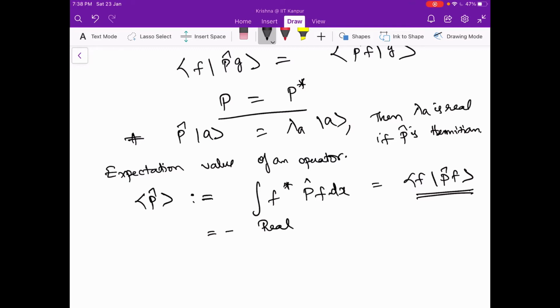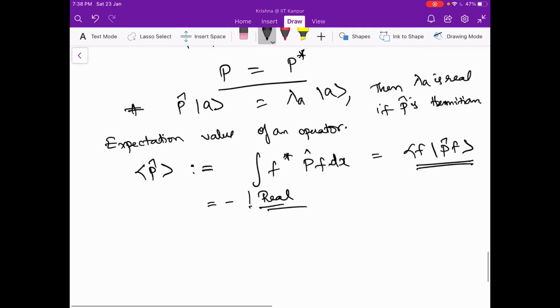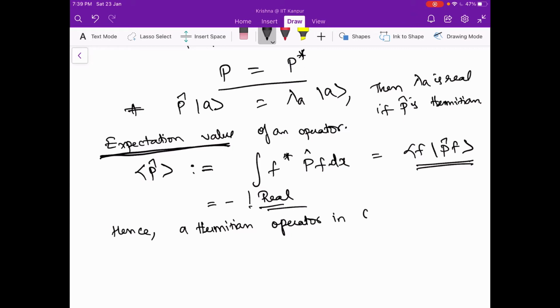This will be a part of your homework, right? If P is a Hermitian operator, the expectation of a Hermitian operator is always real, right? So expectation value is something that you typically measure experimentally, and hence a Hermitian operator in quantum mechanics is typically called an observable.